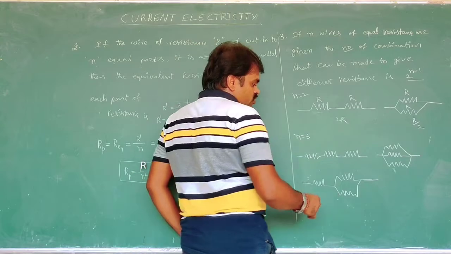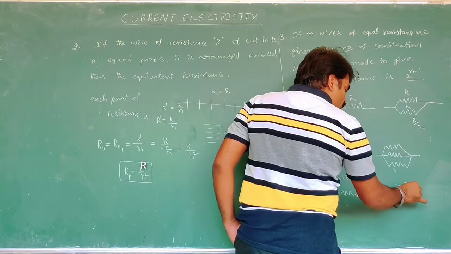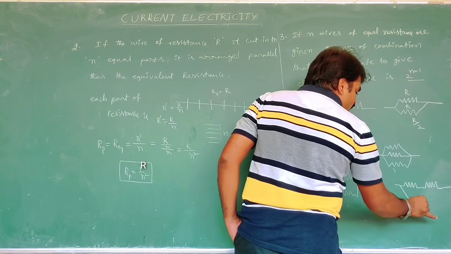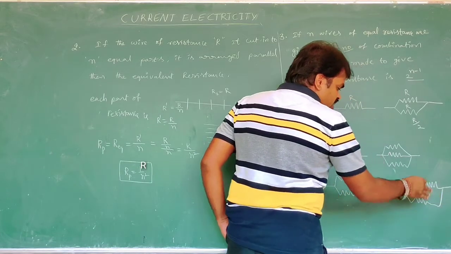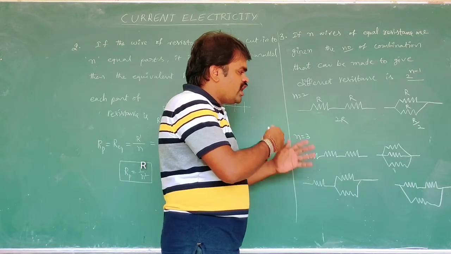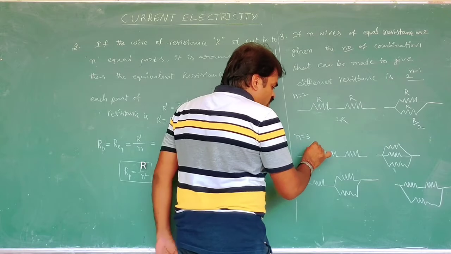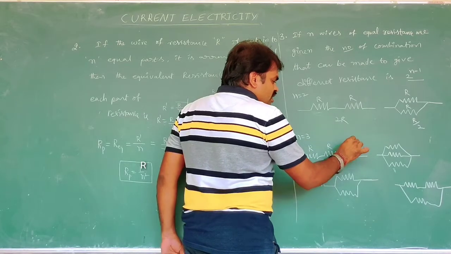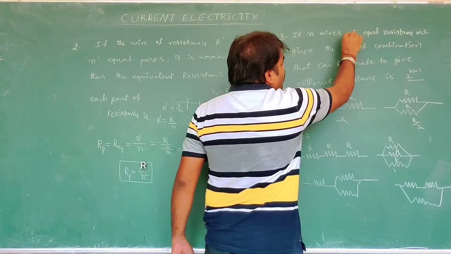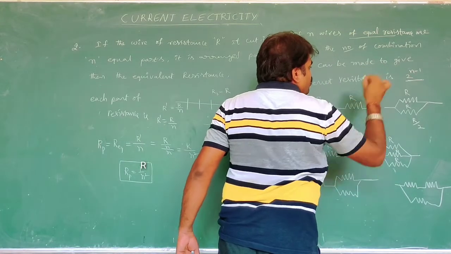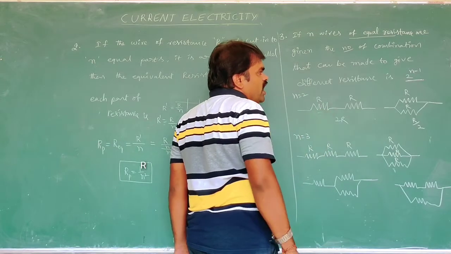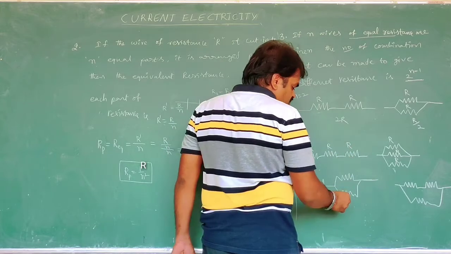Another combination: 2 in parallel with 1 in series. Another is 2 in series, with 1 in parallel with the 2 resistances. There is no other way of combining them to get a different resistance because they are equal resistances. That's why 2 power of n minus 1 combinations can be made to give different resistance.